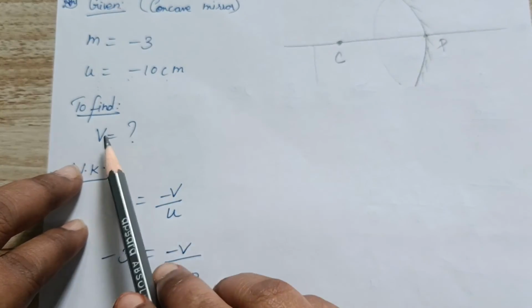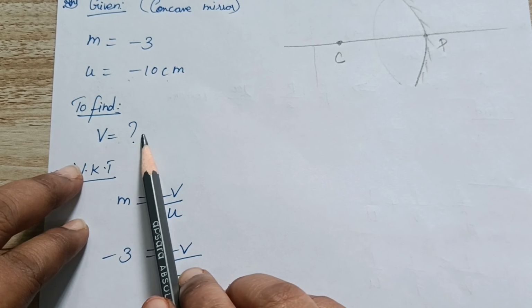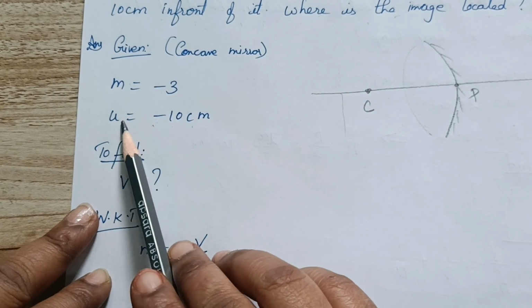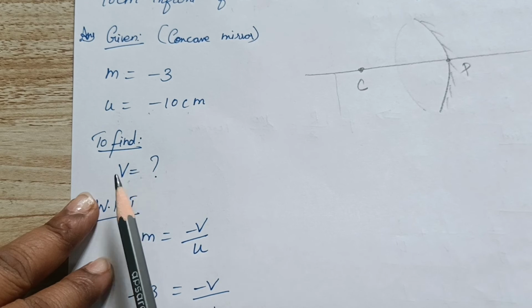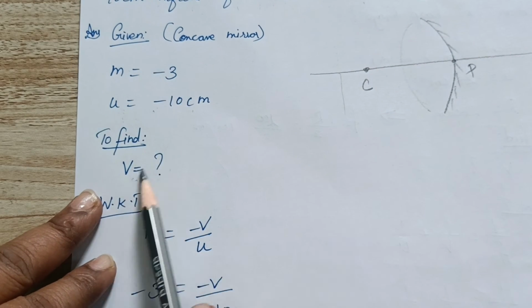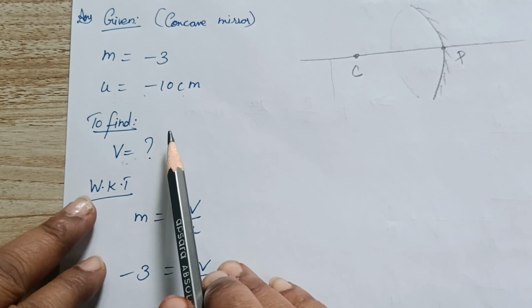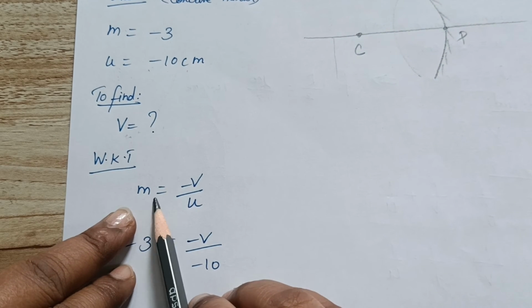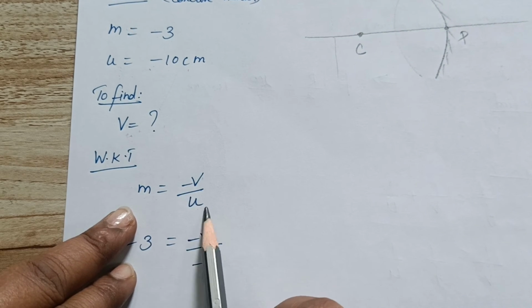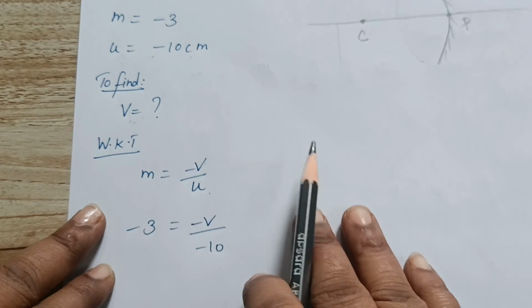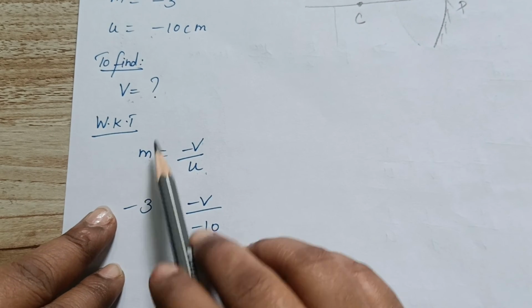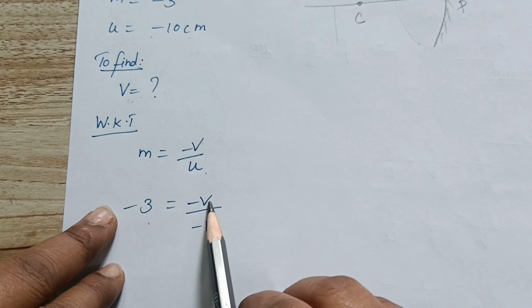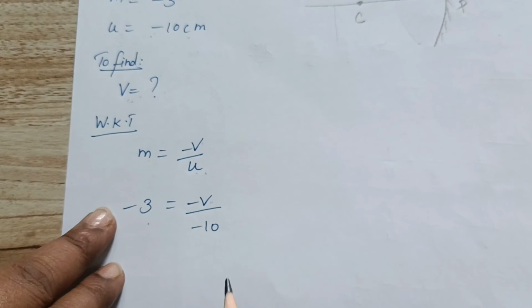Where is the image located? We have to find the value of v. M is given, u is given. What is the relationship between these three? You know that magnification equals minus v by u. Remember that. So m equals minus 3, minus v, and u is minus 10.